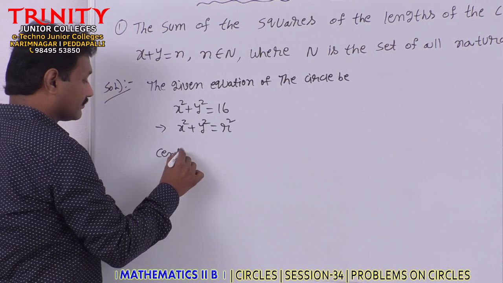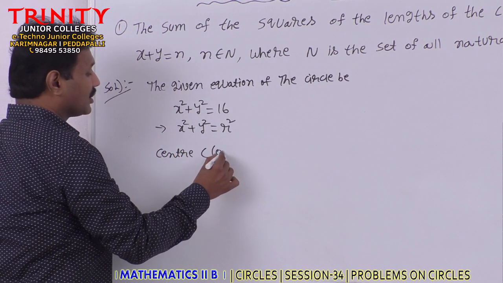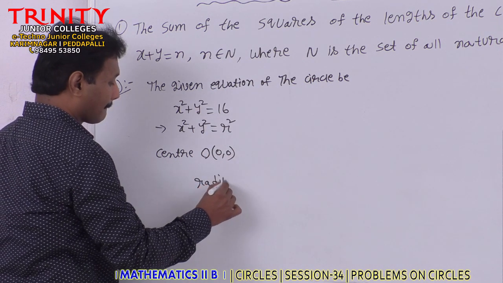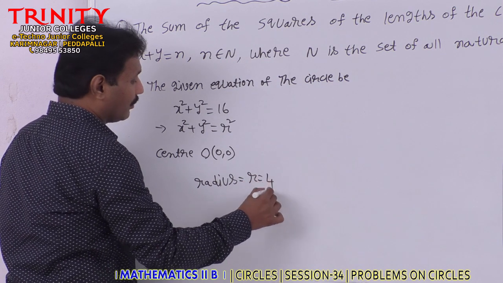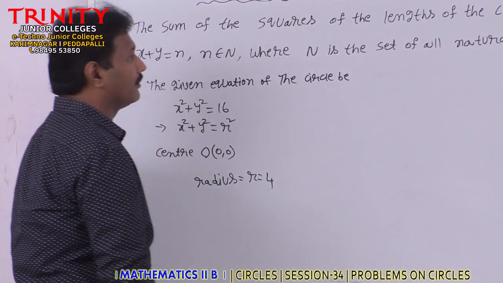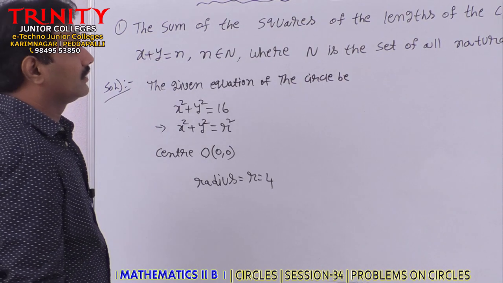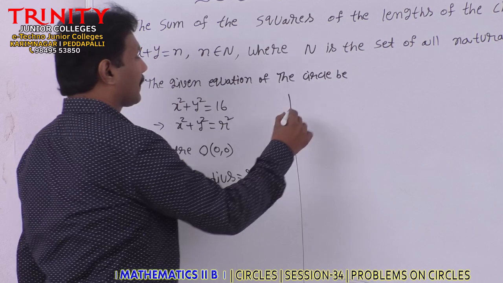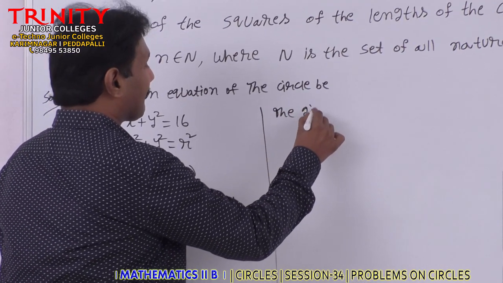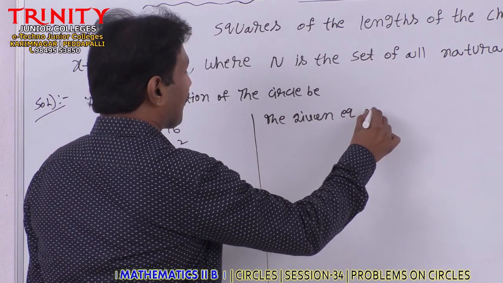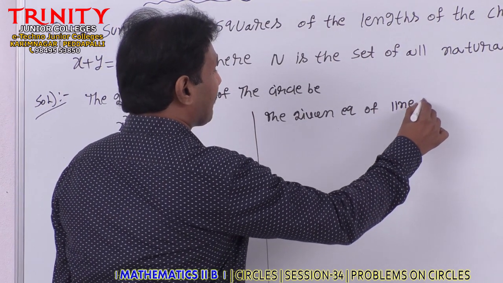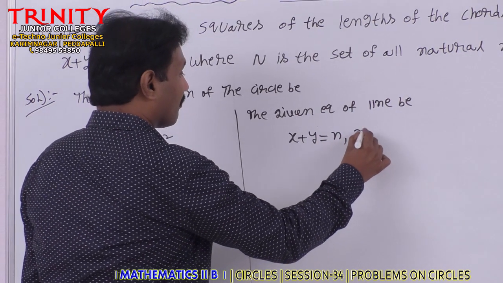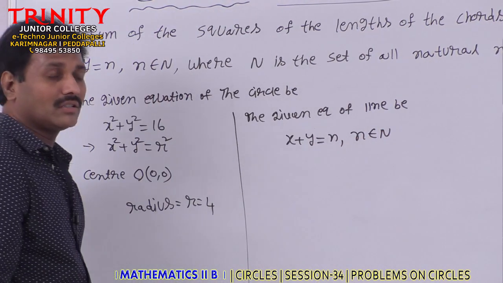Therefore, center is 0, 0, that is, here the center is the origin, and radius r equal to 4, since r square equal to 16. Let the given equation of the line be x plus y equal to n for all small n belongs to capital N.